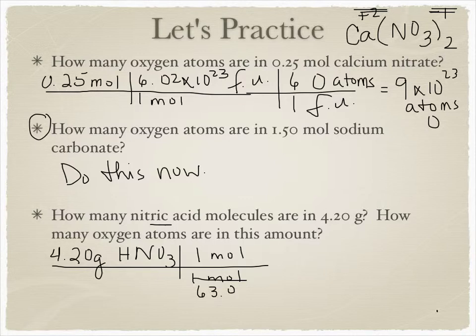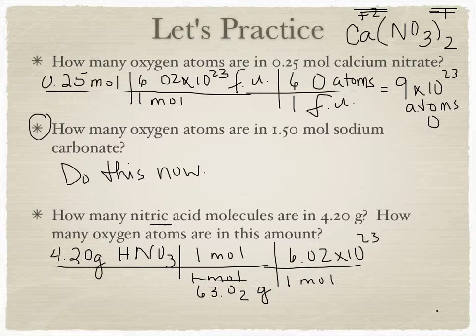You're supposed to be able to cancel, and so we need to make sure that grams goes in the denominator of our first fraction there. So 4.20 grams of HNO3 divided by 63.02 grams of HNO3 is going to give me the number of moles of HNO3. Then I would need to multiply that by Avogadro's number, and that would give me the number of molecules.